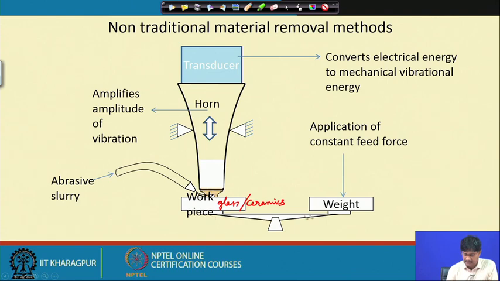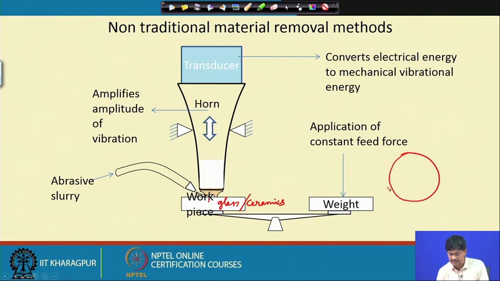We put some abrasive slurry, some liquid, say water, carrying abrasive particles like aluminum oxide, silicon carbide, very small particles of say 10 to 50 micron size. This vibration setup causes a hammering action, so that the abrasives are impacted against the workpiece, and they remove material this way.